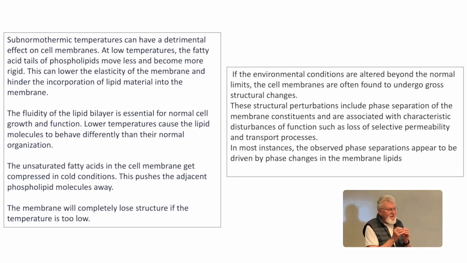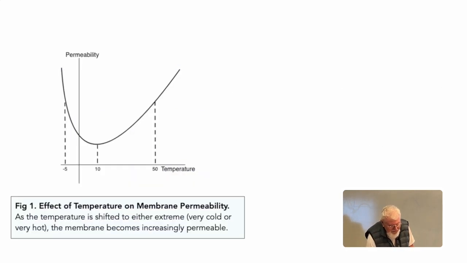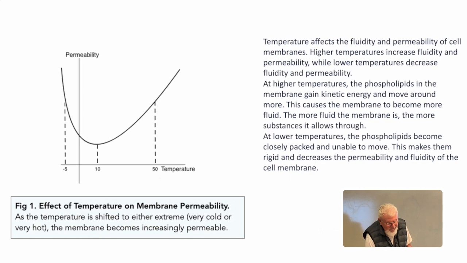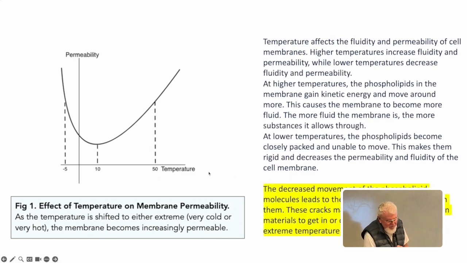So the cell membrane lipid structure is very important because it regulates the mass transfer between the interior of the cell and the exterior of the cell. And as you lower the temperature, let me just give you a sense.